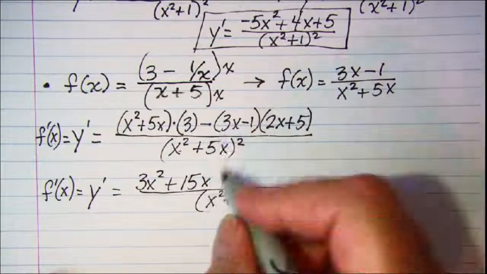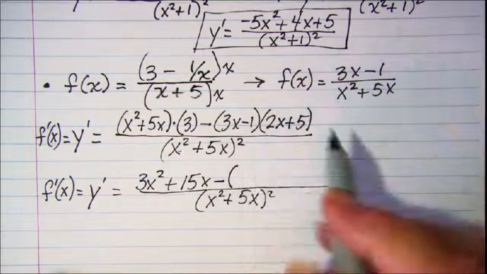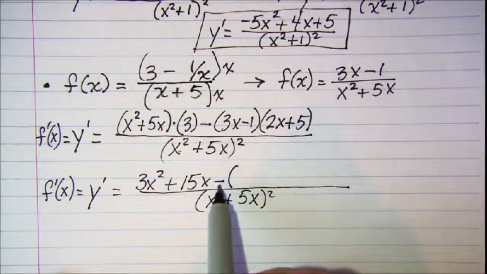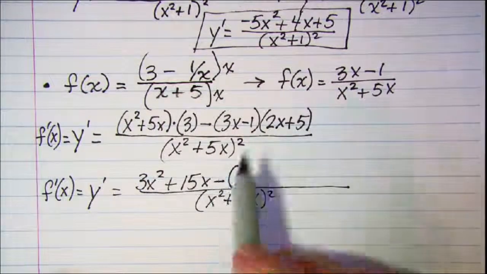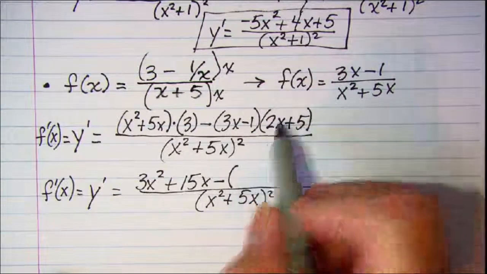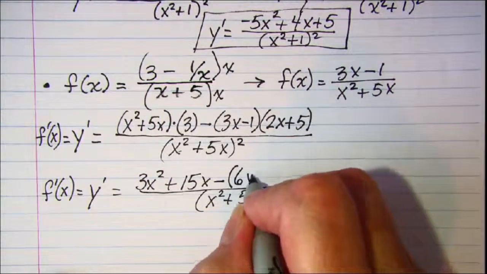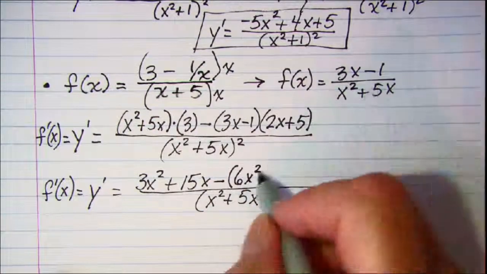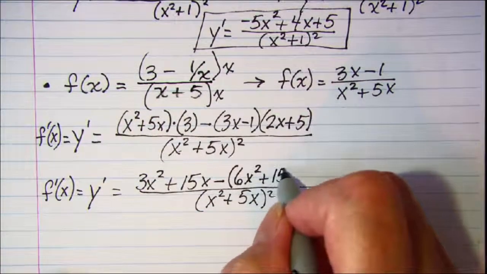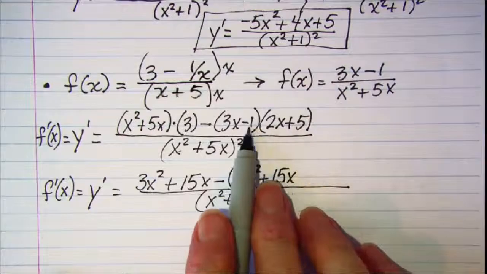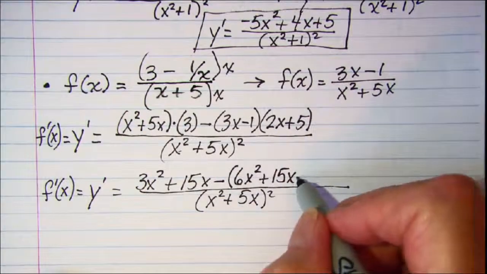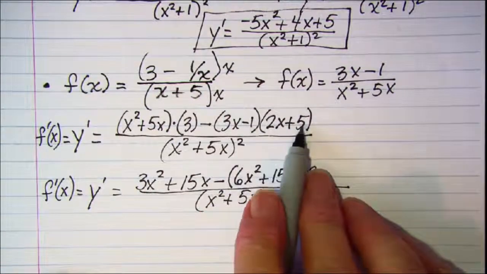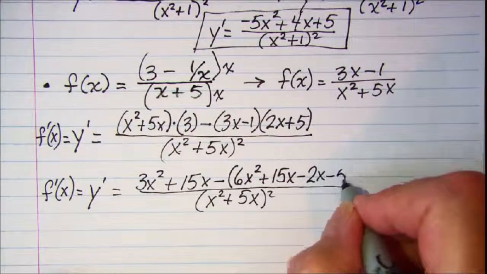And then I'm going to use FOIL to multiply these two binomials, and then I'll take this negative through in a second step. So 3x times 2x is 6x squared. 3x times 5 is 15x. And then negative 1 times 2x is negative 2x. And then negative 1 times 5 is negative 5.